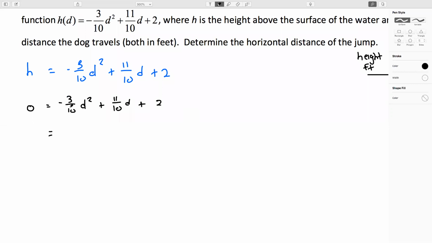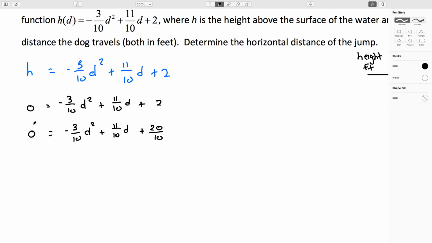So I can write the -3/10 d squared plus 11/10 d, and I need 2 to have a denominator of 10, so I can just multiply it by 10. I can write plus 20 over 10. And this all equals 0.